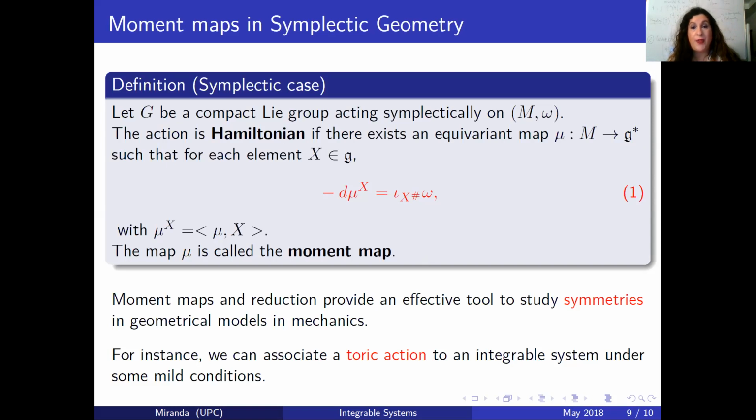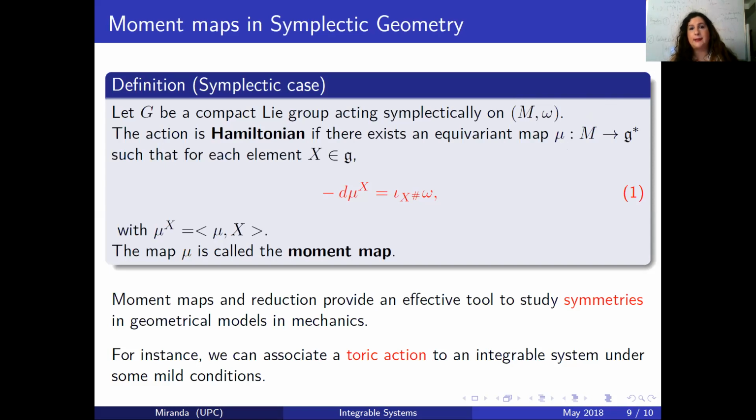Okay. So that's the definition of moment map. When this happens, we have a moment map. All right. Indeed, when the group is a torus, it's much simpler because the co-adjoint action is trivial. So this becomes the fact that mu is invariant by the group action, which is going to be automatic.